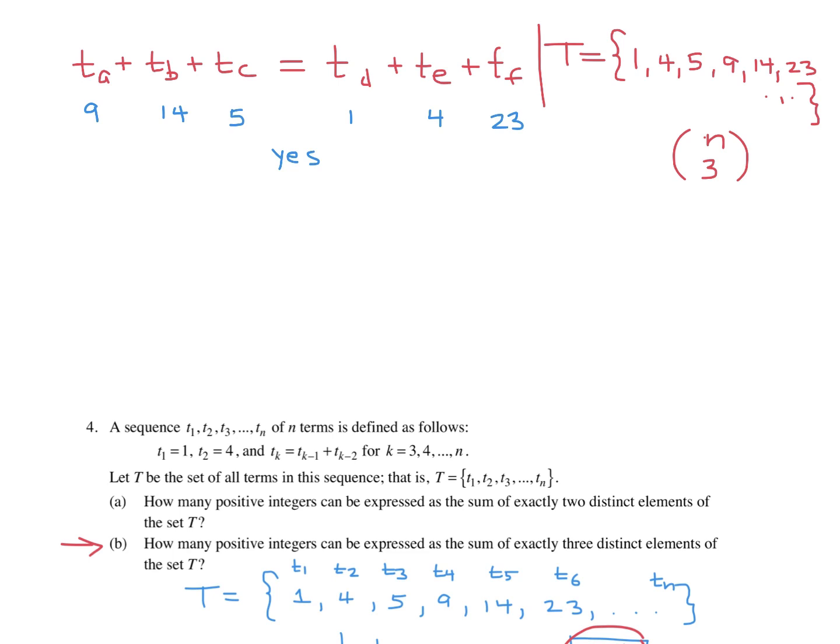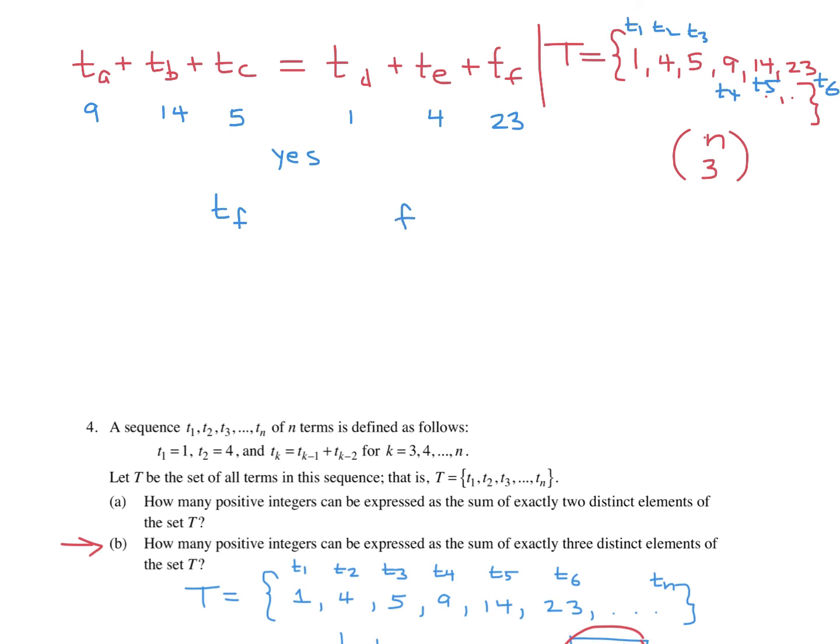Concentrating on TF. How many TFs can I have? Well, TF is the largest of these 6, correct? If this was T1, this was T2, this was T3, this was T4, this was T5, and this was T6, correct? This is 23.